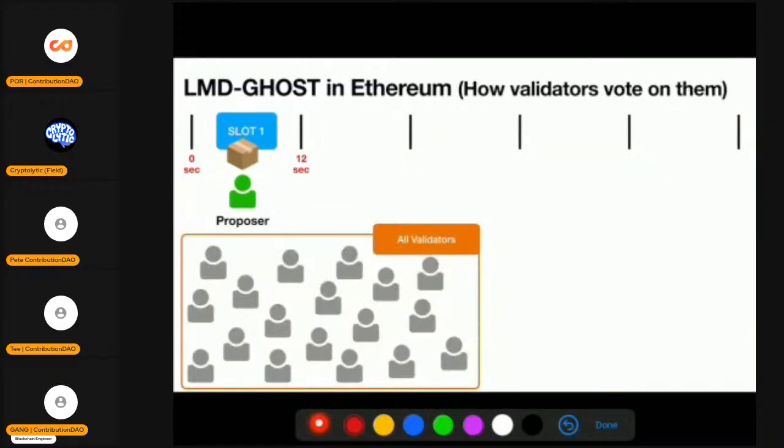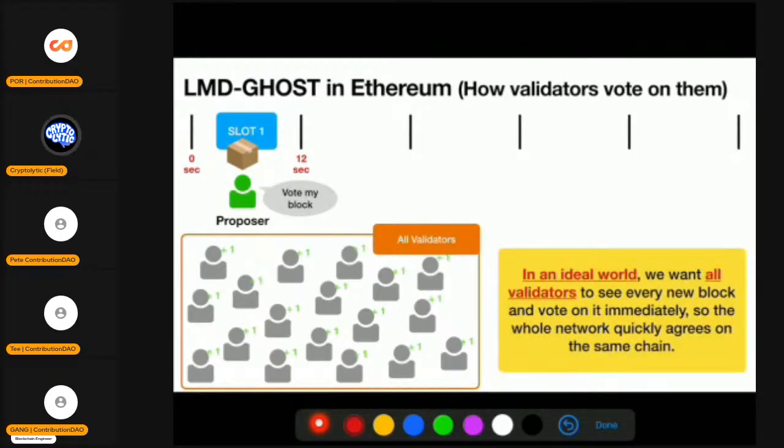In the ideal case, when a proposer proposes a block, we would expect all of the validators to vote for this block before moving to the next slot.